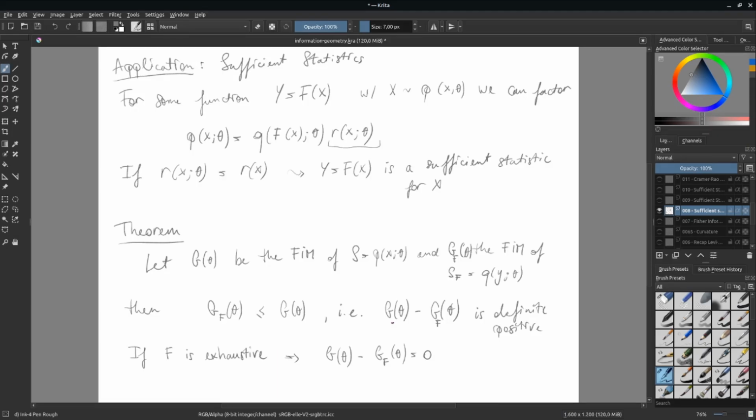That means that this difference, G of theta minus G_F of theta, is a positive definite matrix. What this tells us is that when we look at only the distribution of f of x, we're possibly losing information about the actual distribution of x. But if f is exhaustive, we have all the information, and so the difference is 0.